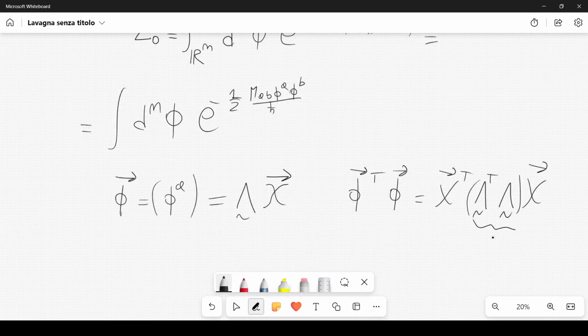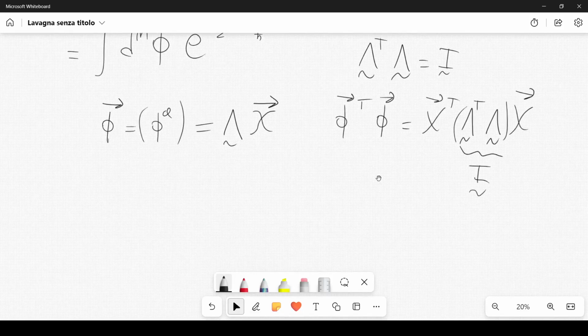Here we're going to get the identity, because we can choose orthogonal matrices such that lambda transpose lambda is equal to the identity operator, written like this. So I'm using this tilde under this letter to denote the fact that they are matrices, but it's not really important. And by the way, phi transpose phi can also be written as phi A phi A, for example, using index notation.